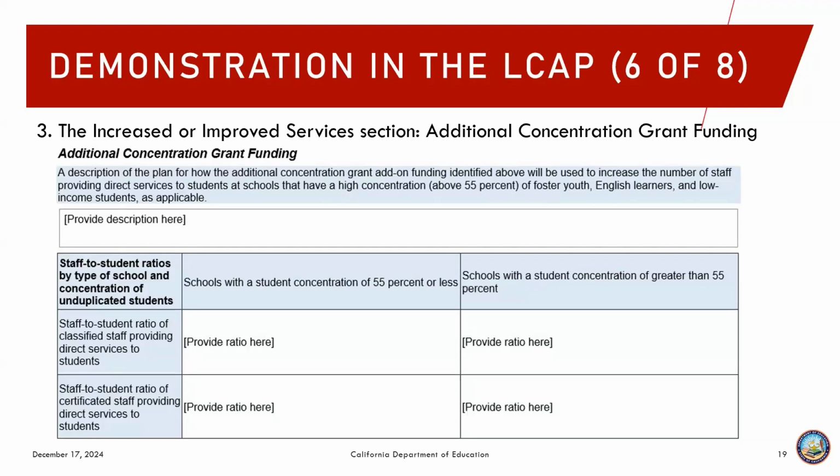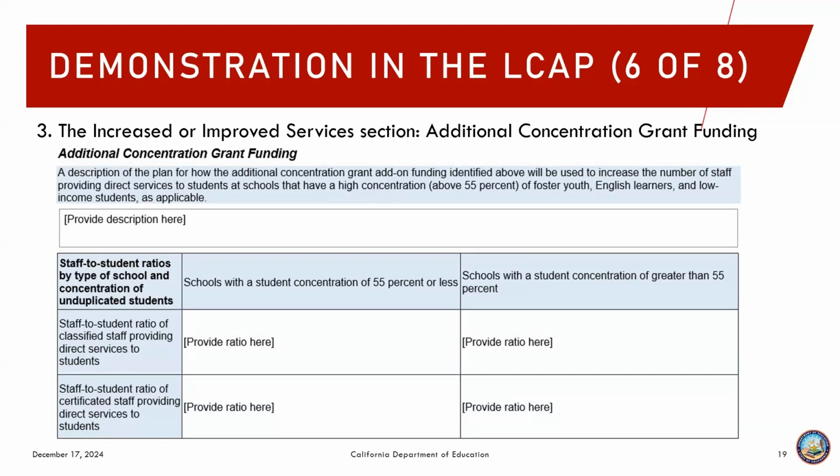Within this particular prompt, in the first prompt above the table, LEAs are required to identify the specific actions that they're using to implement this. So they're going to call out what actions within the LCAP are being used to implement this requirement.